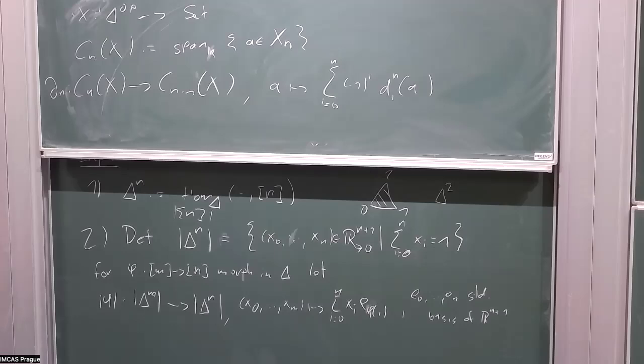Very nice. Thank you. Okay, one more quick question. I had actually a very similar question. Is it also possible to understand coalgebras as special cases of comonads if you take just a very small category?